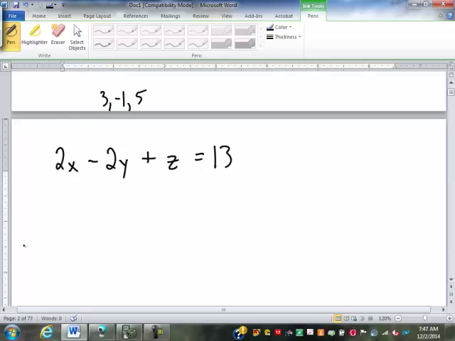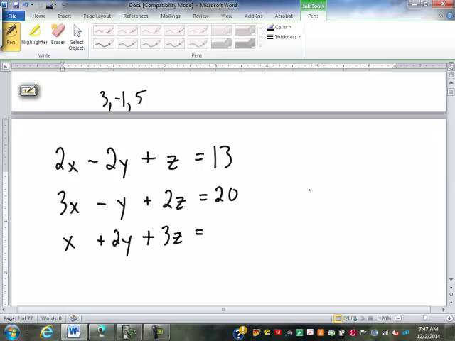We need to have an equation for each variable so that we can solve it. Let's see. So let's see here. There's our system.